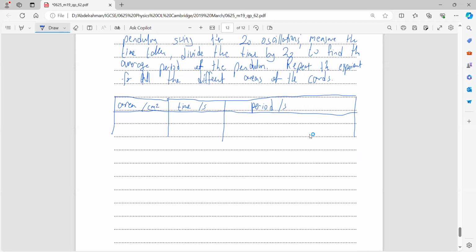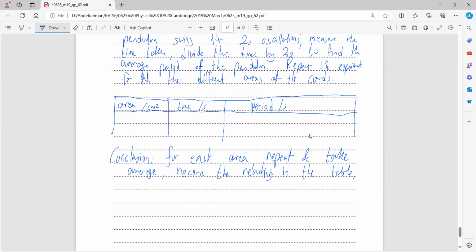The conclusion. For the conclusion, we have to say for each area, repeat and take average. After you repeat and take average, what should you do? Record the readings in the table.